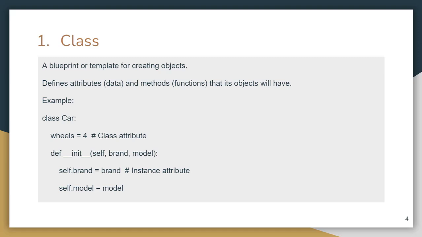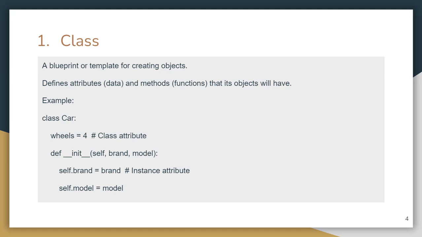It is a predefined function, a type of constructor function. Predefined means already defined. The function has three parameters: self, brand, and model. Self is a pointer to the object of the current class. Brand and model are the two properties of a car.